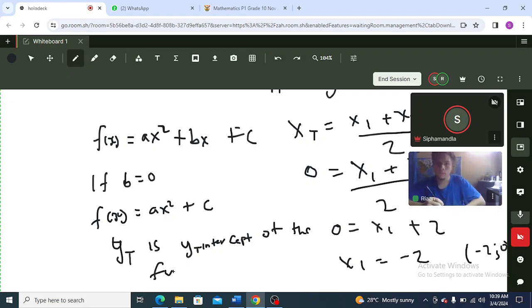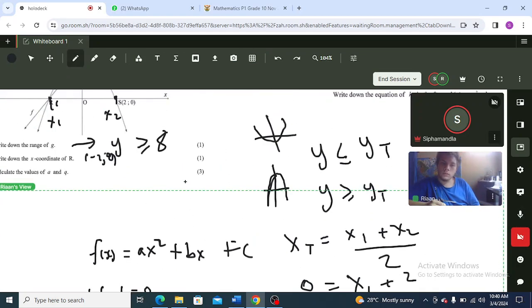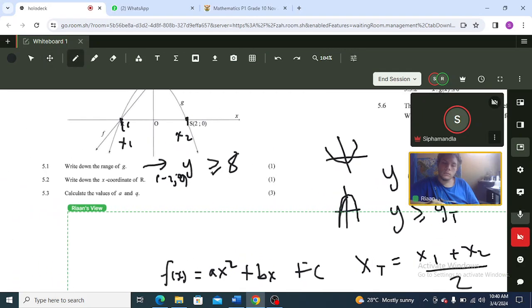So in this scenario, where b is 0, your y-intercept, when you let x be 0, will also be the y value at the turning point. Let me put it this way: the y-intercept will also be the turning point of the function. Why am I saying that? I want you to understand this.